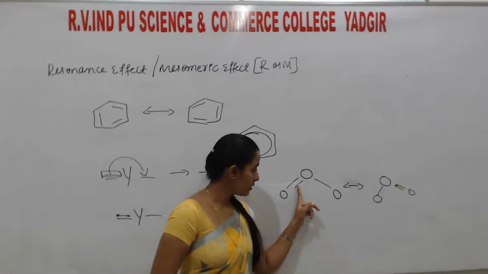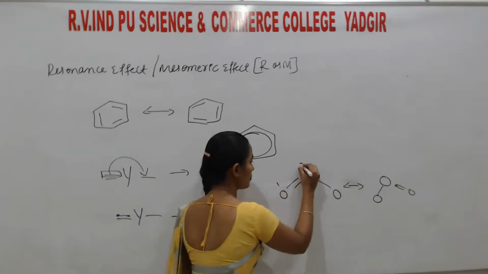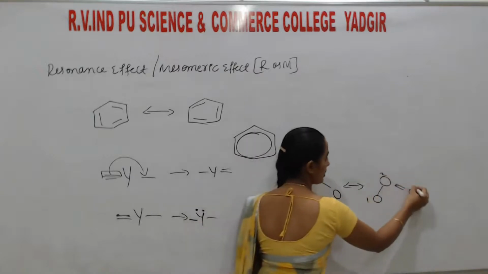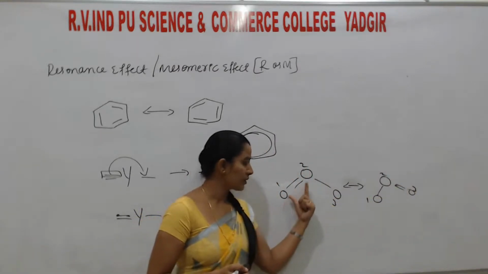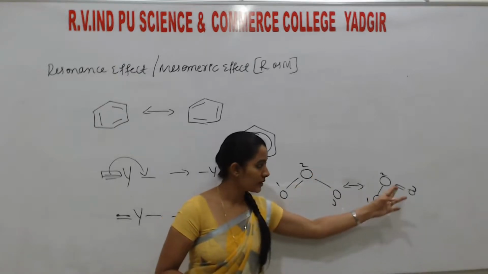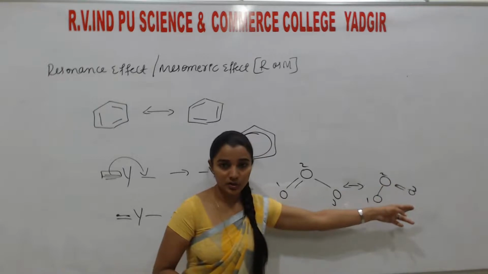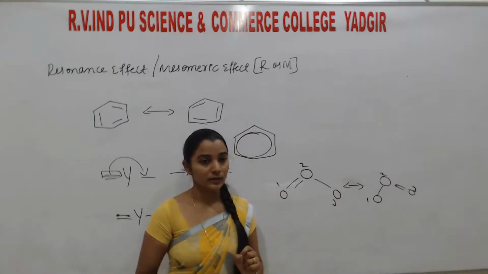Understand what happens here? This is a pi bond; its position is in between oxygen 1, 2, 3. Initially the position of the pi bond is in between the first and second oxygen atoms. Here the position of the pi bond is in between the second and third oxygen atoms. Only the position of the bond changes.